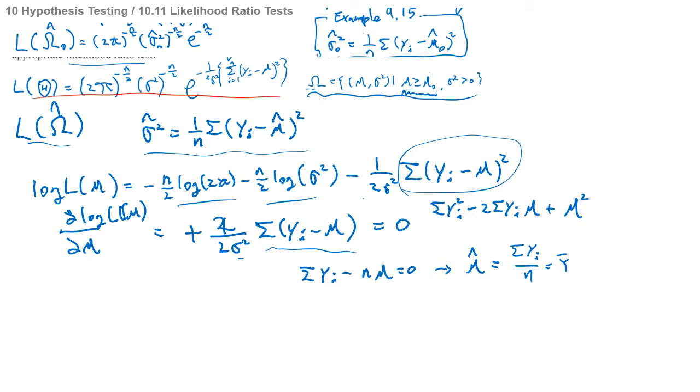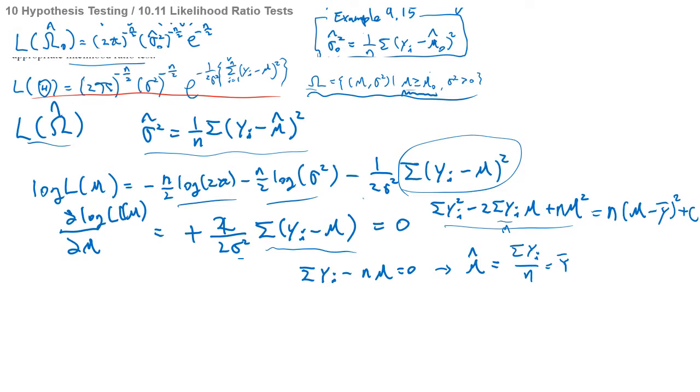This can be rewritten as n mu square, and then as n times (mu minus y bar) squared plus a constant c.